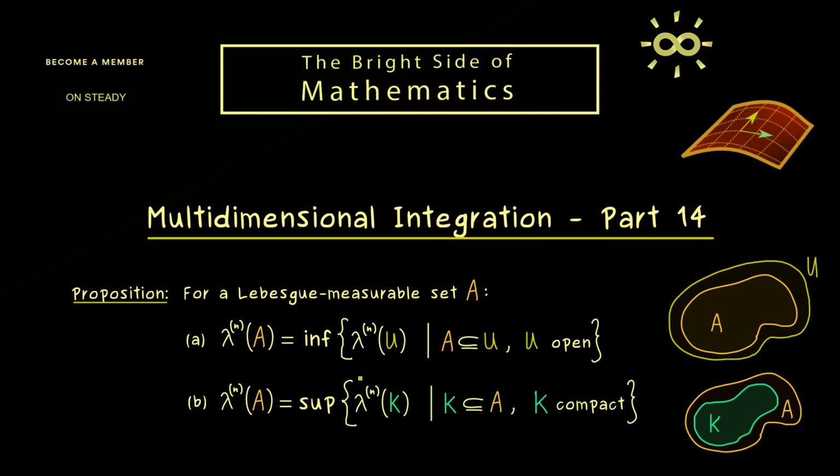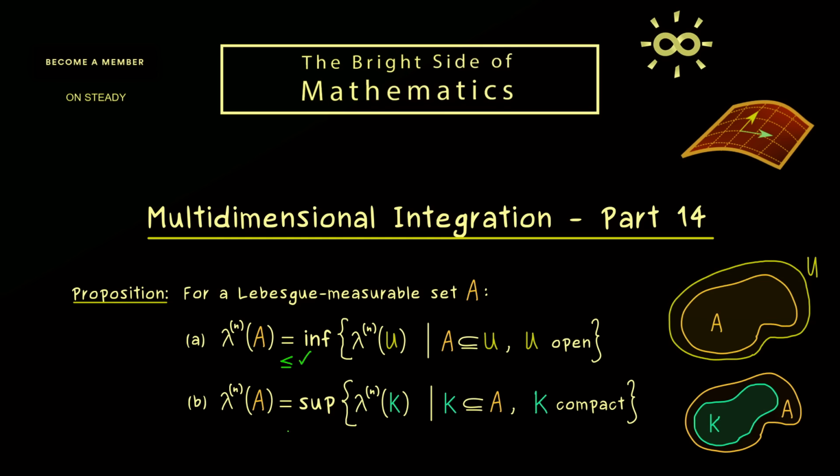And now, since a measure is monotonic, we immediately know that the measure of U has to be larger or equal than the measure of A, and on the other hand, the measure of K is smaller or equal than the measure of A. So in conclusion, for each statement here, one inequality is immediately given. This inequality is given for every open set U with this property, and therefore it also holds for the infimum.